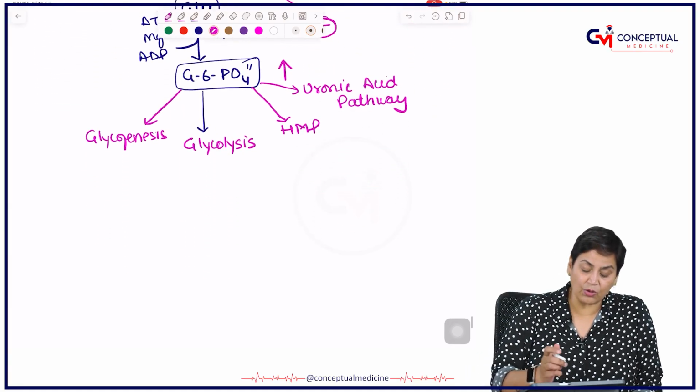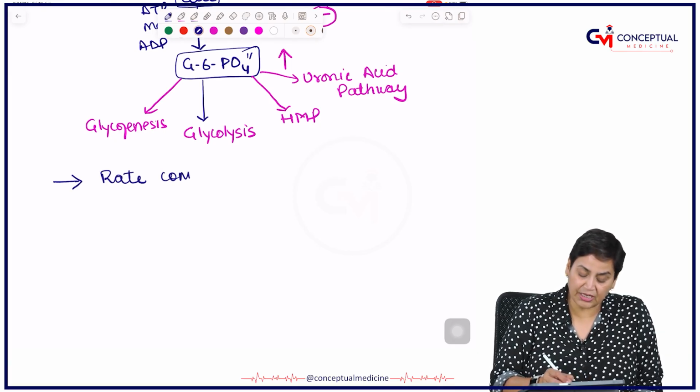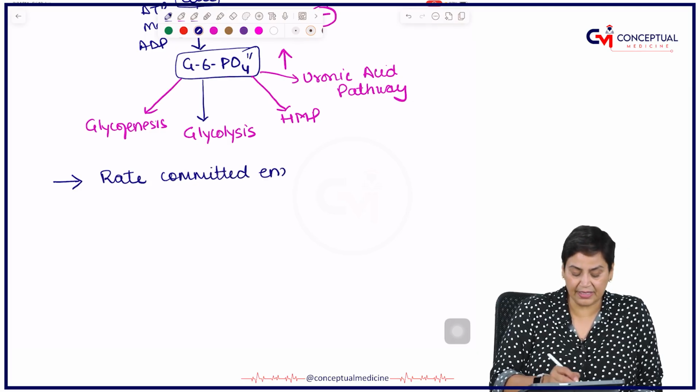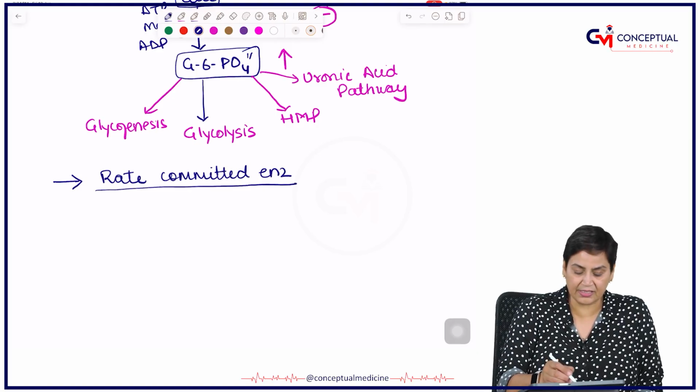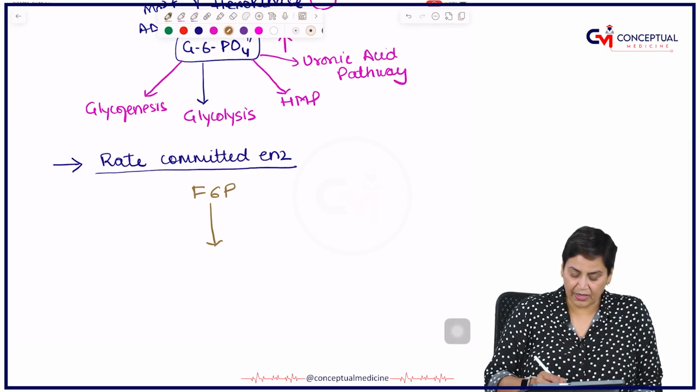But if we talk about rate committed, it means it is committed, and there is one reaction in glycolysis itself which is an example of a rate committed enzyme, and the reaction is fructose 6-phosphate to fructose 1,6-bisphosphate.